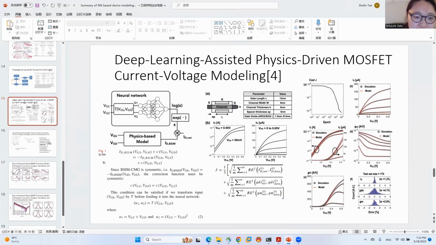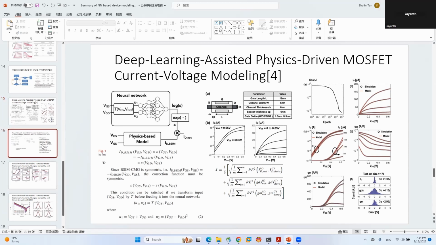Here, they incorporate this epsilon to show the difference between log IDS and the VGS. They use this epsilon to correct the small error if you just use log IDS equals VGS and so on. That's why it covers physics-based modeling. Okay, thanks. I hope it makes sense. Yes, it does. Thanks.